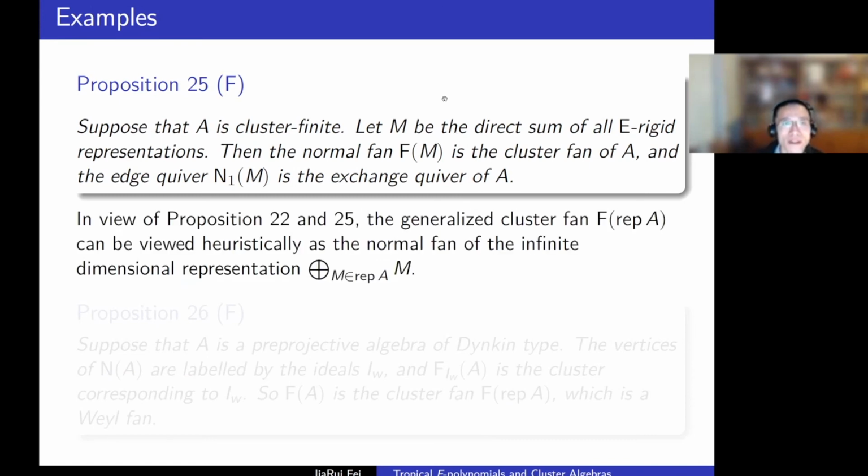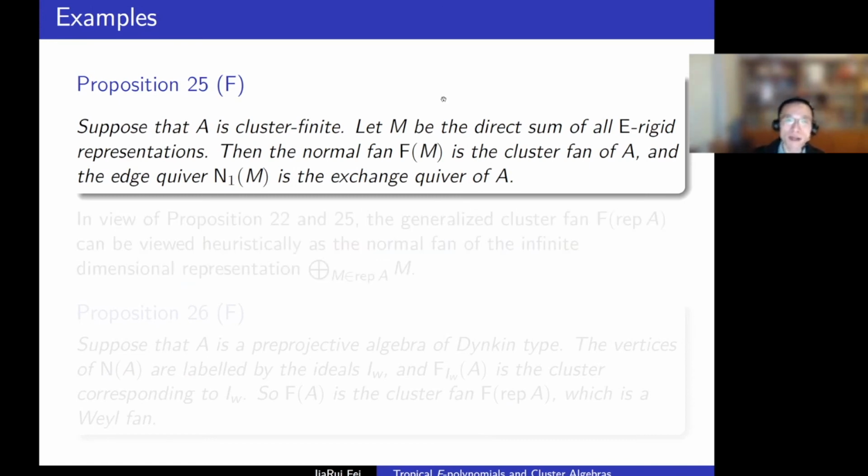Okay, finally, I have an application for some special class of algebras. An algebra is called cluster-finite if this algebra has only finitely many clusters. So the G vectors or delta vectors form clusters, but there are only finitely many of them.